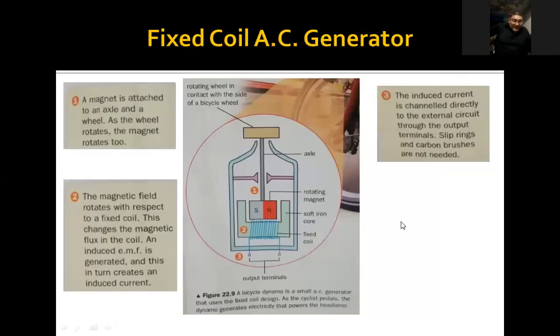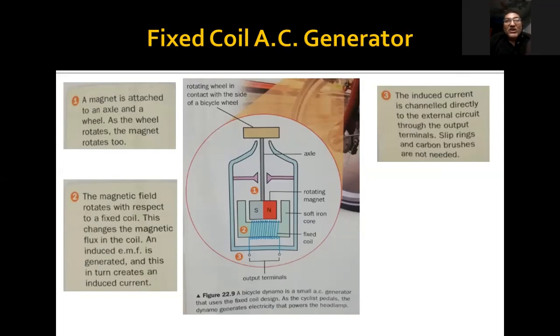Another very important thing is the design which we have studied. In the generator which we studied, we have fixed permanent magnets, the magnets were stationary, and we have a coil on an axle.